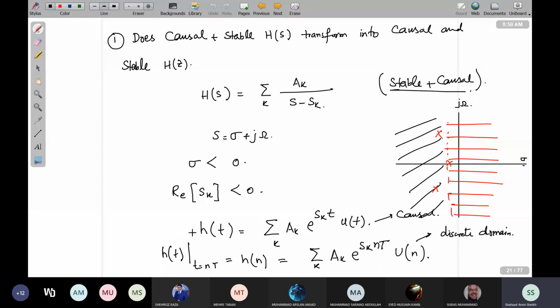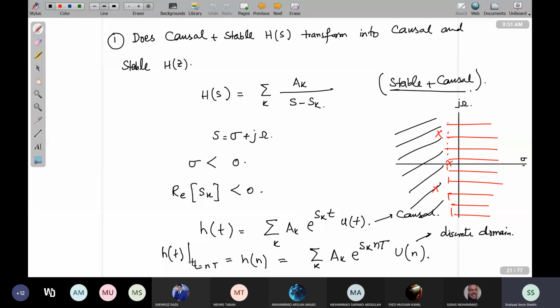Then we are using h(t), which is in fact the inverse Laplace transformation of this H(s), which was given. And then u(t) is indicating that it's causal because this was given as well. That's just the inverse Laplace transformation.